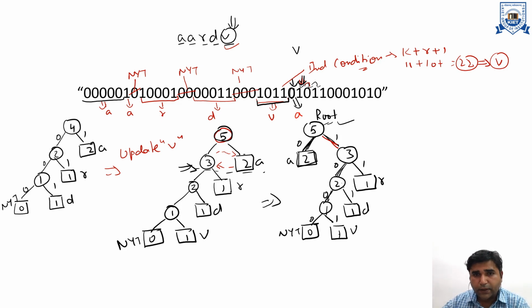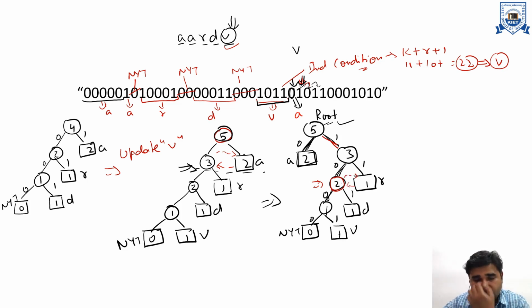Before moving onwards, we have to check and update the tree at this position also, because at this moment we have a node having the weight 2, which does not satisfy the condition that the left child weight should be less than the right child. So again we have to shuffle here.